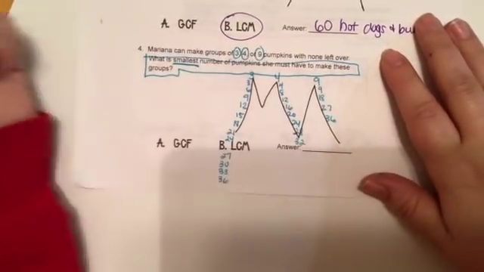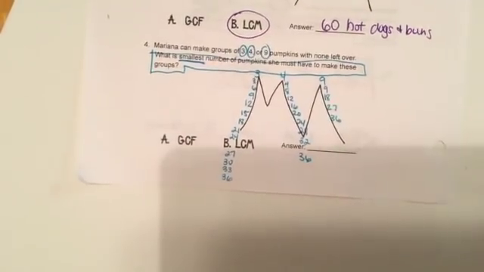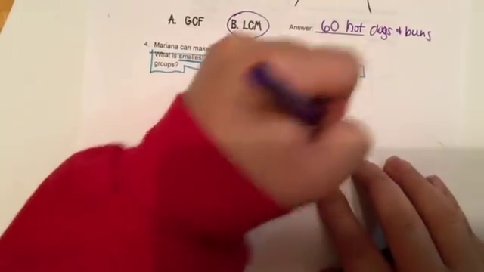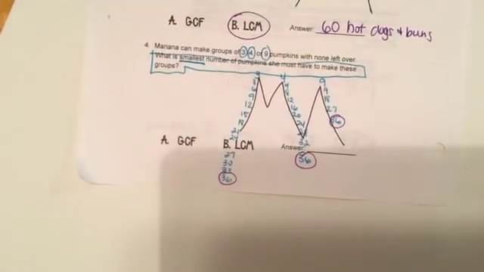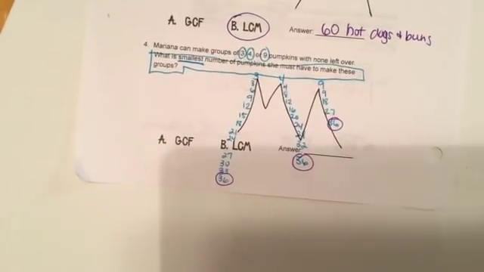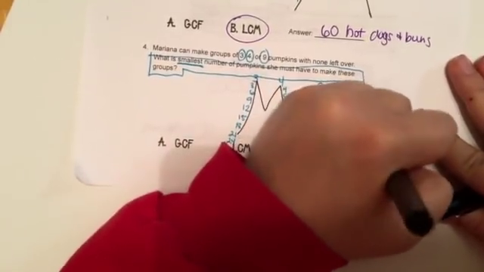We've got 32. That's not an option. And we've got 36. Oh, I can stop right here because I've got 36 in all of my multiple lists. Therefore, my least common multiple in this case is going to be 36 pumpkins.